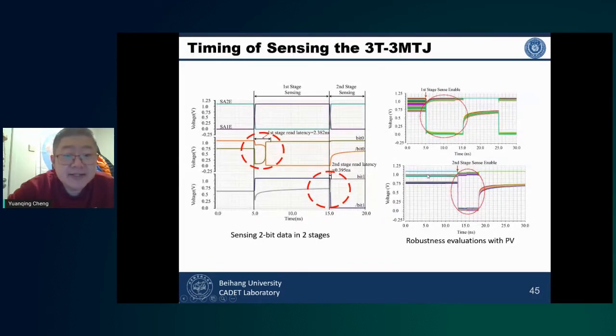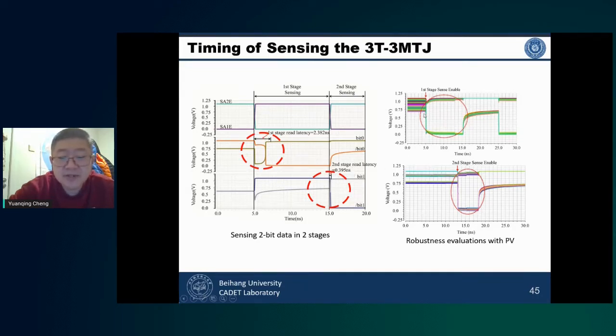To validate the correctness of our 3T3MTJ cell structure, we perform extensive simulations, and we can observe that in the first read stage, the read latency is a little longer. It is because we use the conventional sensing scheme to read. But at the second stage, when we read bit 1, the read speed becomes much faster.